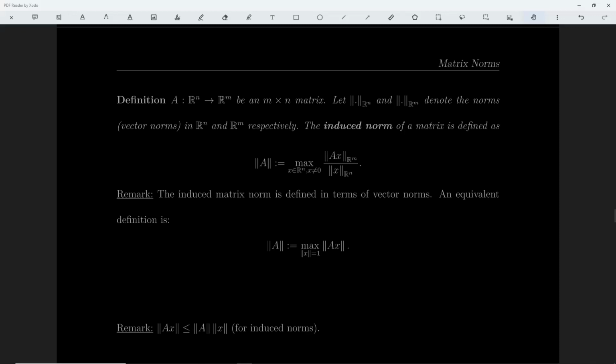This is called an induced norm because I'm using vector norms in the numerator and denominator. So this is a matrix norm induced by the vector norm.